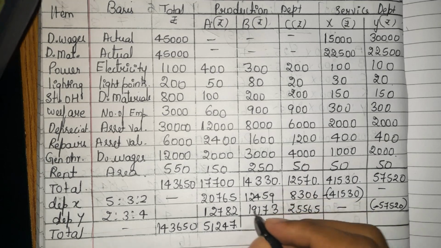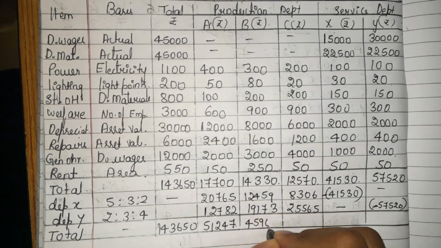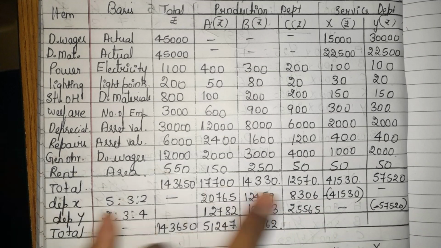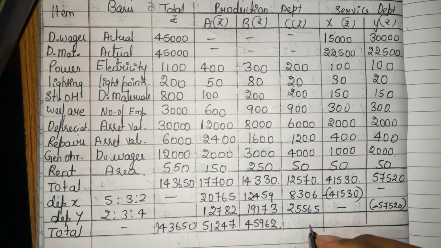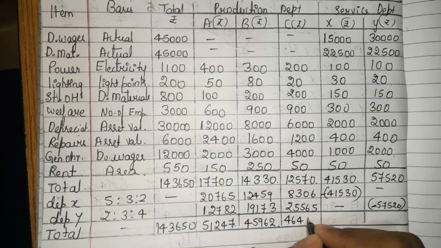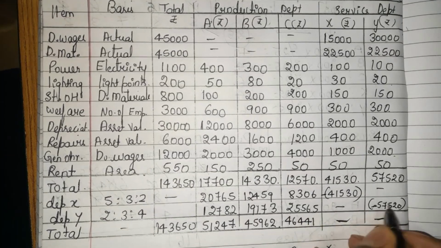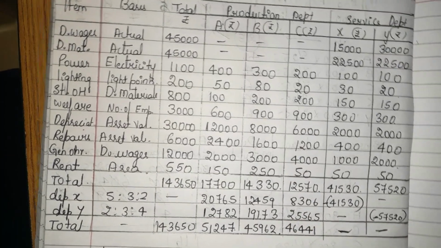The total will be 45,962. Next, 12,570 plus 8,306 plus 25,565 will be totally 46,441. Here it will be 0 because we have distributed to production departments.